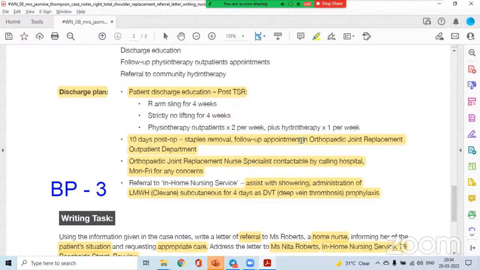Then right arm sling for 4 weeks, how to use, and avoiding lifting for 4 weeks. Next, physiotherapy outpatients 2 per week and hydrotherapy 1 per week. So these are the things.